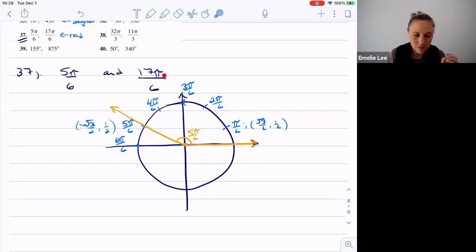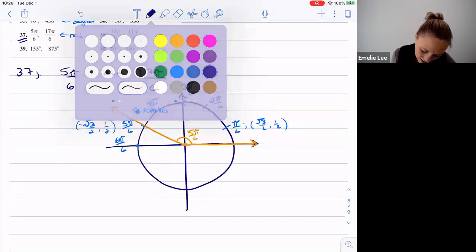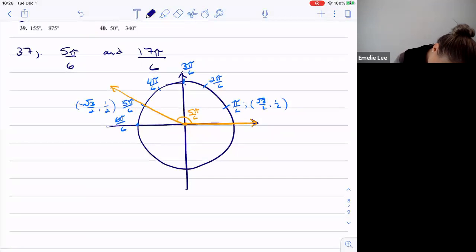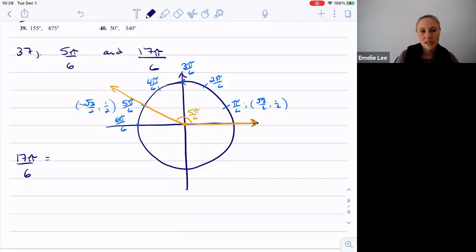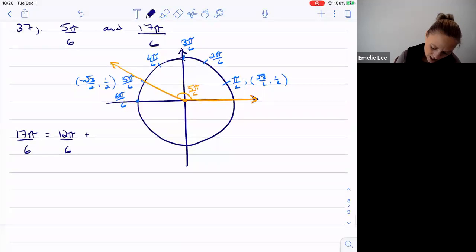So now we want 17 pi over 6. I just need to figure out, okay, it seems like I've looped around some number of times. So 17 pi over 6, we can rewrite as, well, 2 pi, I know a distance of 2 pi is 12 pi over 6, plus, well, 12 taken away from 17 puts me at 5 pi over 6.